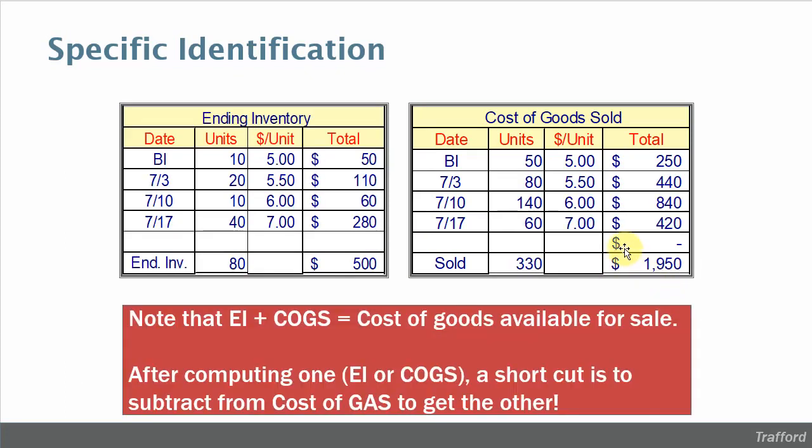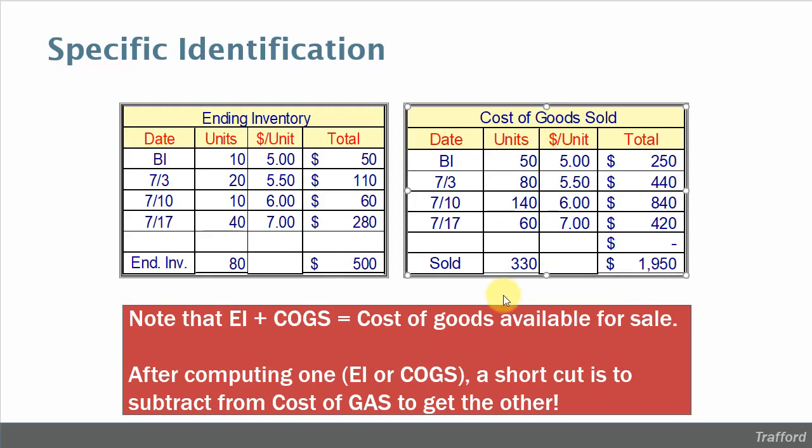All right, well, here's where you should have ended up. There were 100 blue umbrellas originally. There's still 20. Noah sold the other 80. And follow the rest of that logic down. Total umbrellas sold is 330 at a total cost of $1,950.